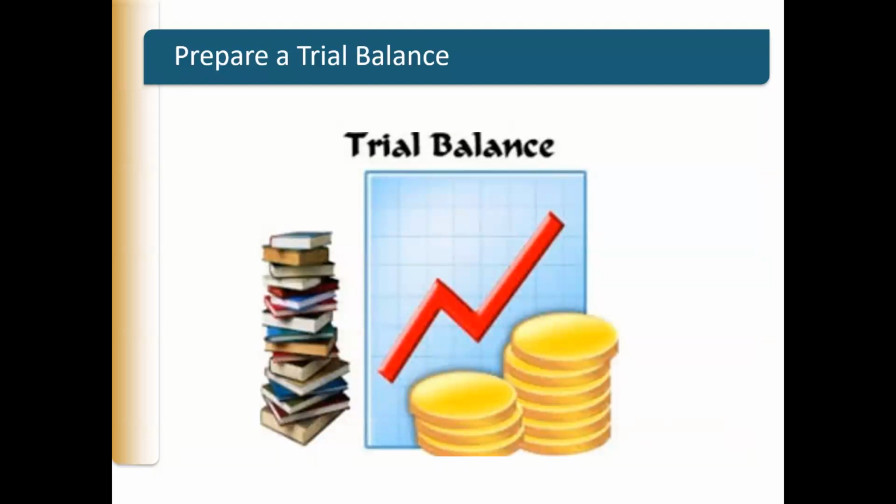So what we're going to do is, as we go through what we're doing, we're analyzing the transactions. We're going to record them in a ledger through the form of a journal entry. Then we post them to the various accounts.